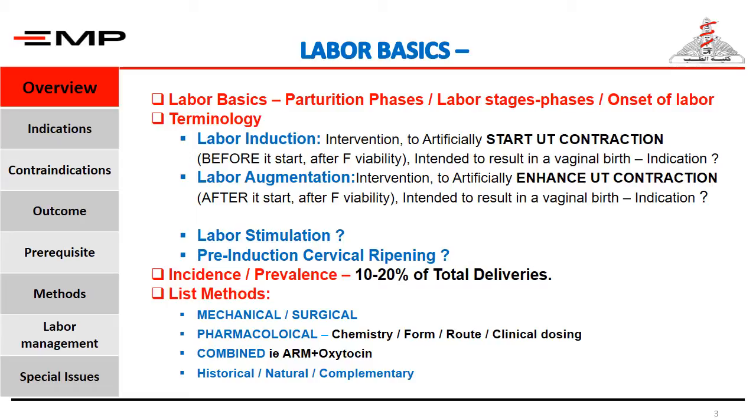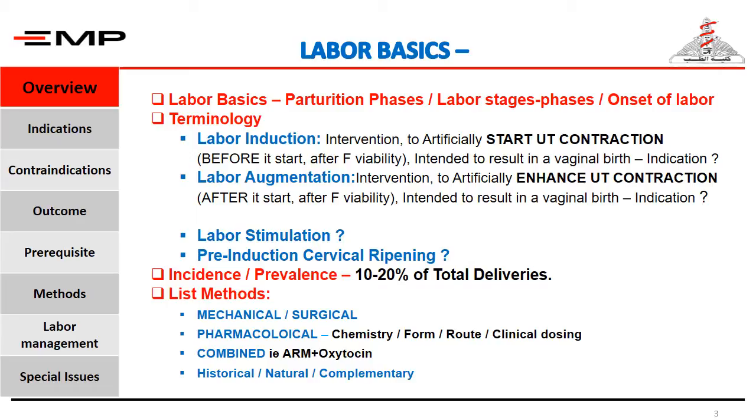Labor induction is an intervention designed to artificially induce uterine contraction with the aim to achieve vaginal delivery before labor is started. Labor augmentation, on the other hand, is an intervention to enhance uterine contraction after the labor contraction has already been started, with the intention to achieve vaginal delivery.